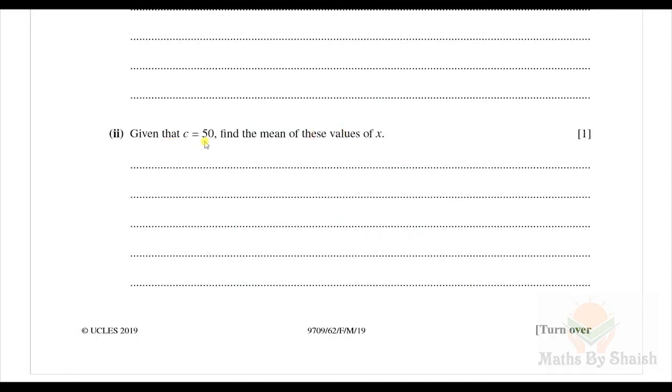Here's the second part. Given that c is equal to 50, find the mean of these values of x. So for the mean we know that expectation of ax plus b is a times expectation of x plus b. So if we calculate expectation of x minus c, it is going to be similar to expectation of x and minus c separately.